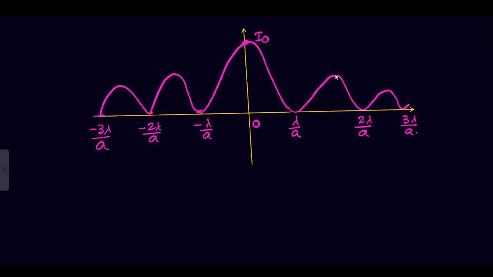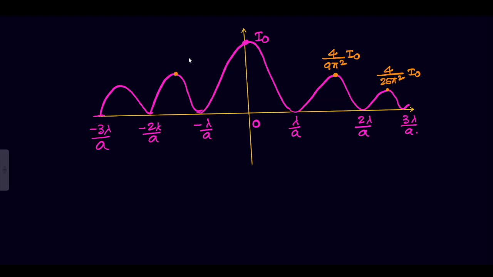Now here we have the intensities. This one is 4 by 9 pi square into I naught. This intensity is 4 by 25 pi square into I naught.